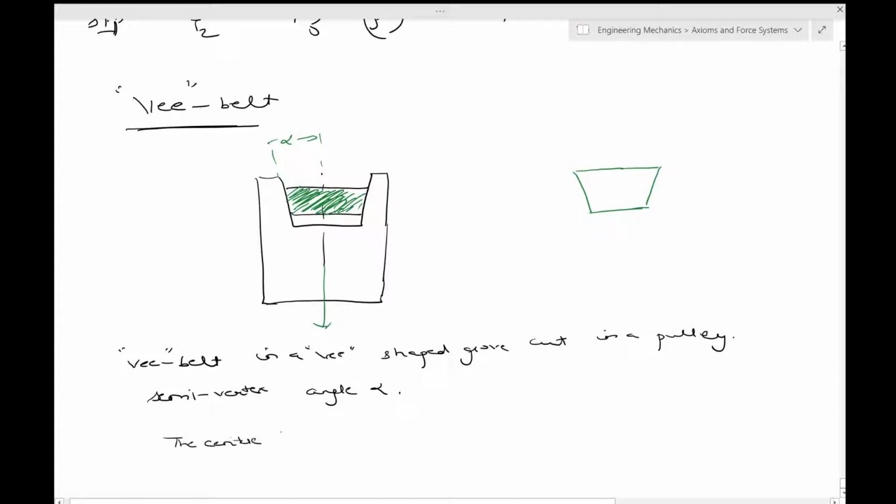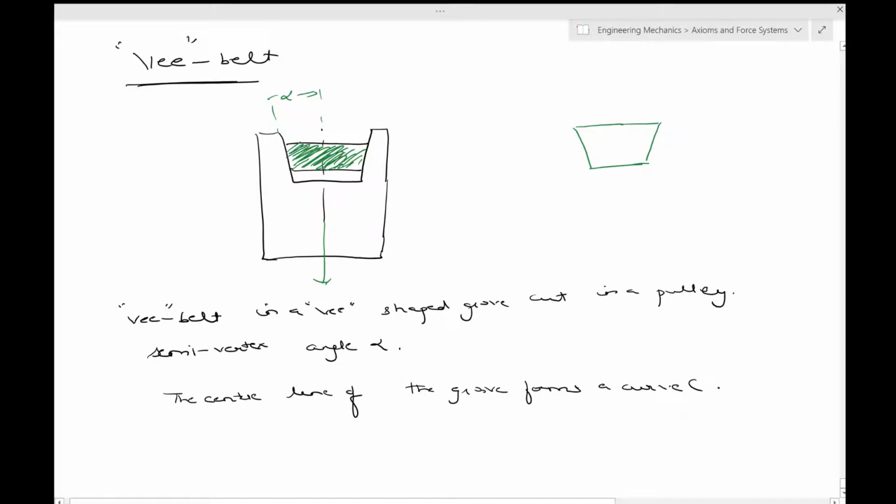The center line of the groove forms a curve C. So let P1 be the force normal to the belt.